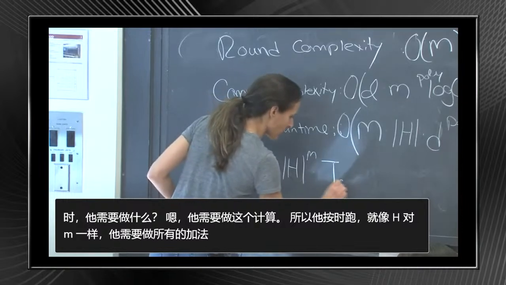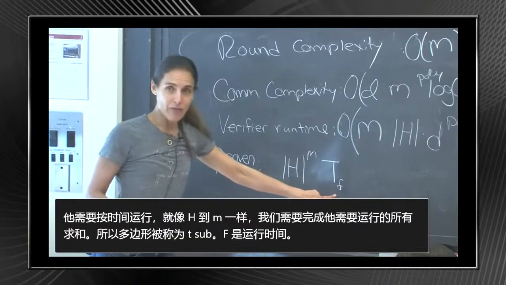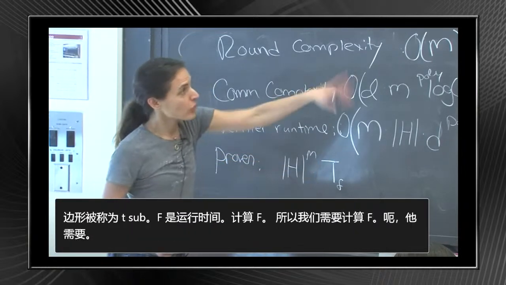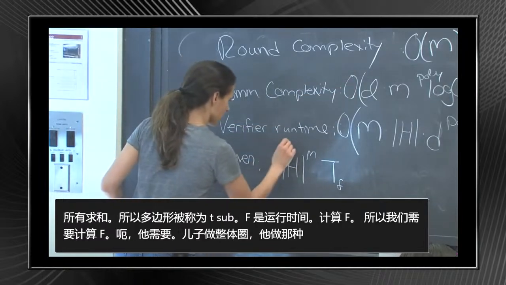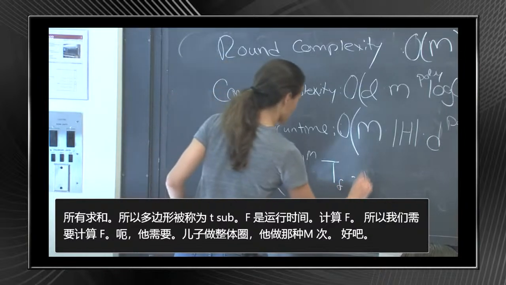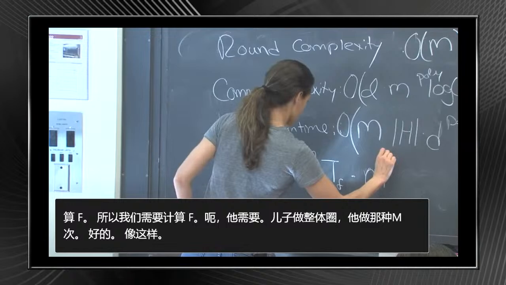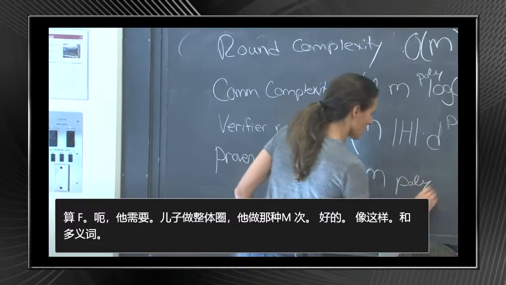Let's call t sub f the time to compute f. He needs to compute f and do the sum over all f's, and he does that m times, something like this, and polylog F.